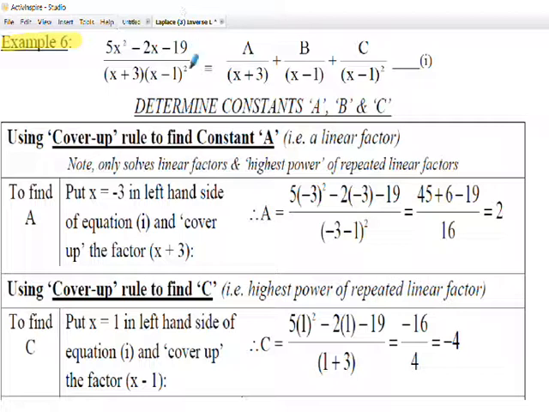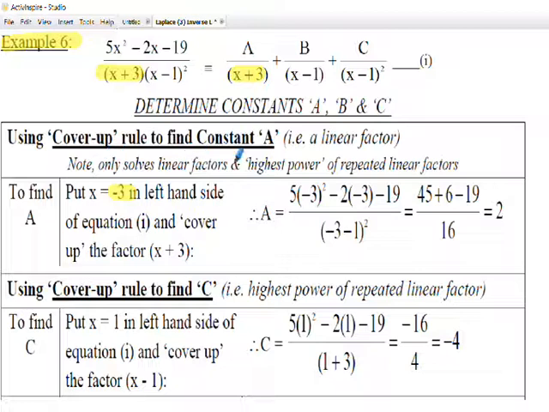To use the cover-up rule, what we say to ourselves is, looking at the denominator of the a constant, what do I need to make x to make that bracket go to 0? If I make x equal to minus 3, then that bracket goes to 0. So what the rule does is say, okay, cover up this term on the left hand side and put the value of minus 3 wherever you see an x in the rest of the expression.